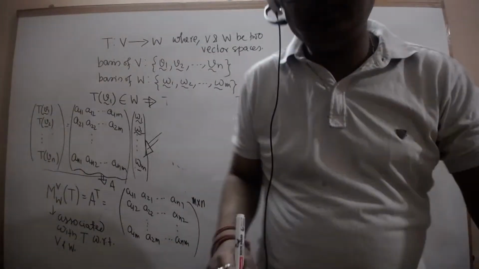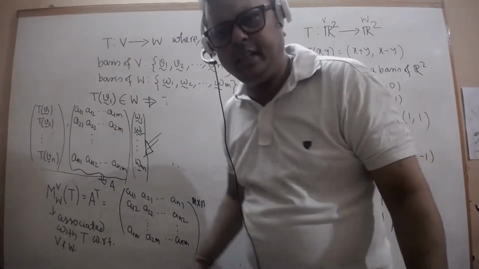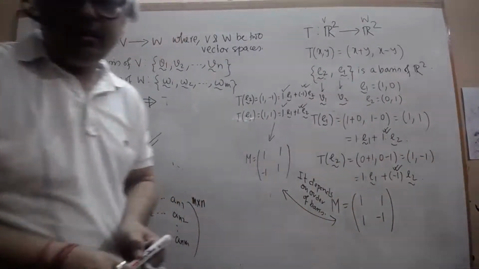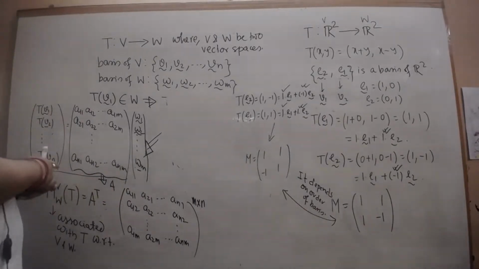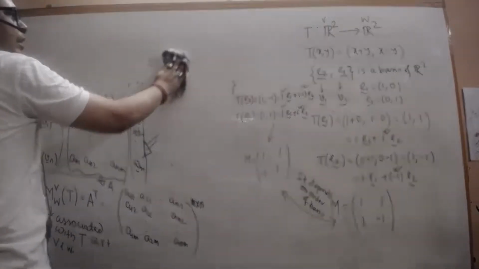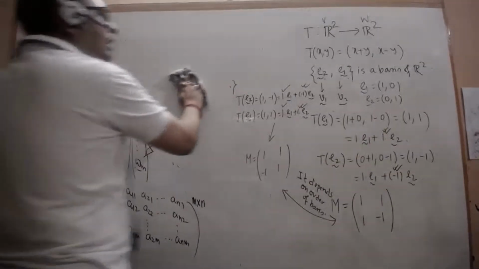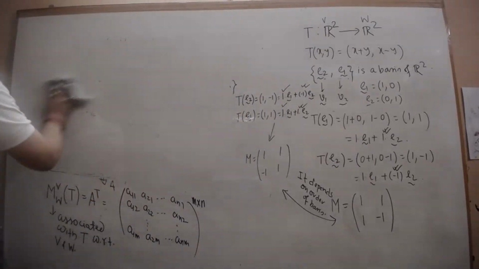Can I take another example? I think if I take another example, then it is more clear. Take T from R squared to R, using the same linear transformation, but another basis.